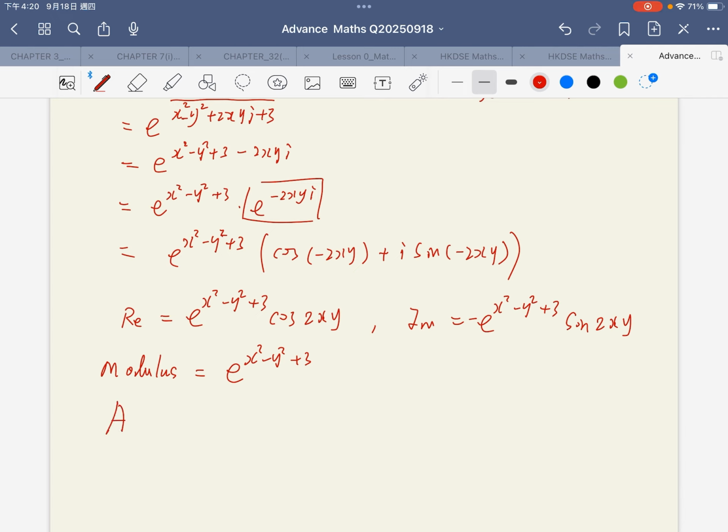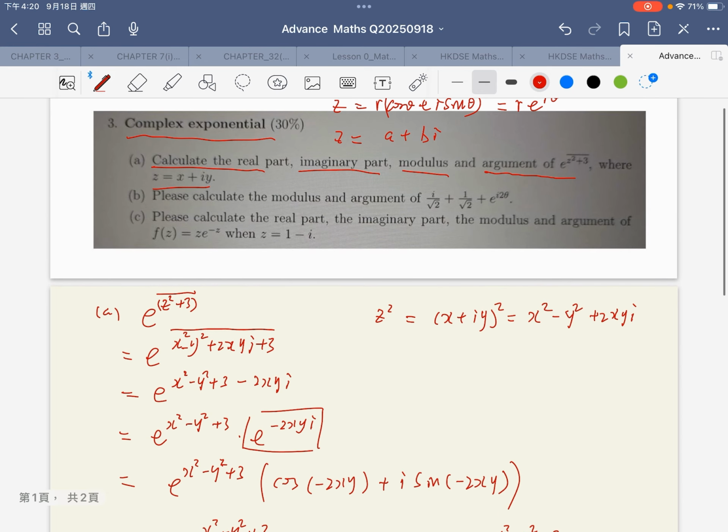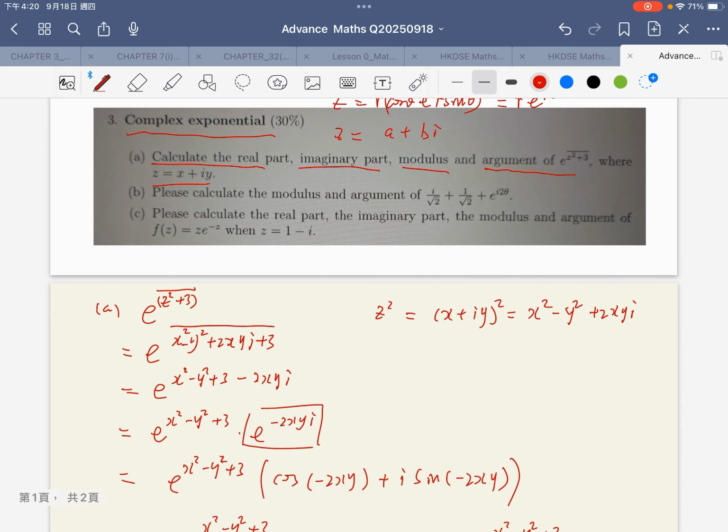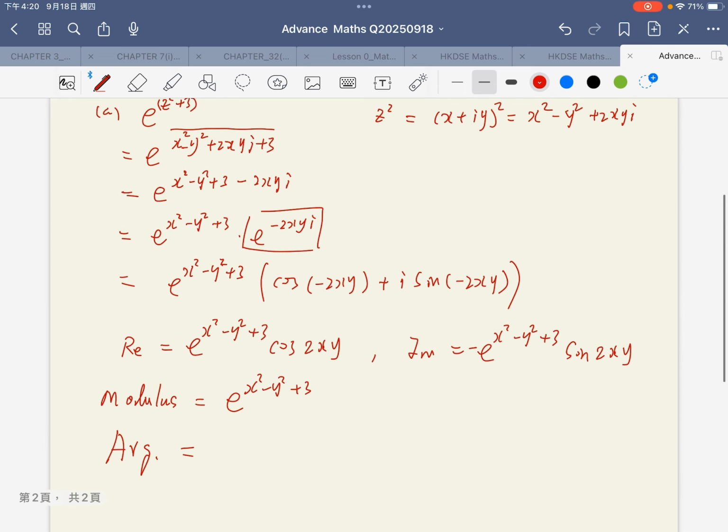But because you can rotate by 2 pi and get the same value, if you mention the argument, you have negative 2xy plus 2k pi. That is the argument.